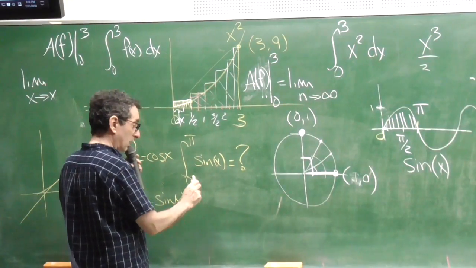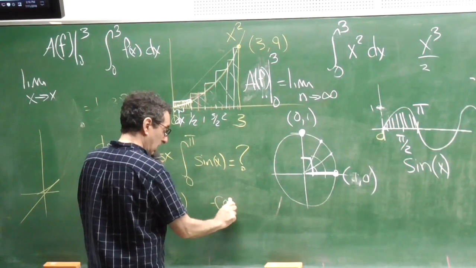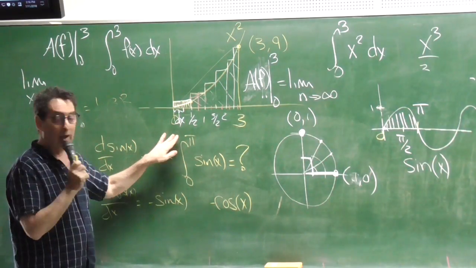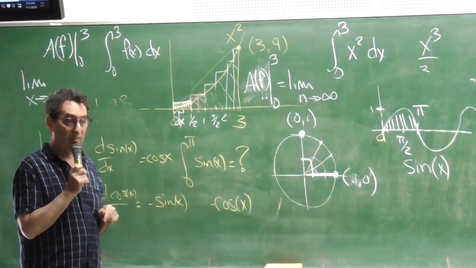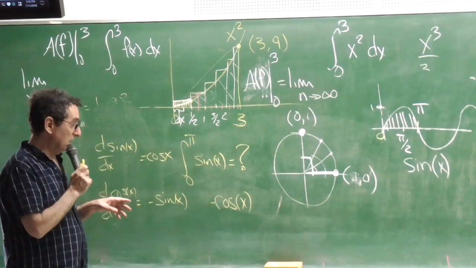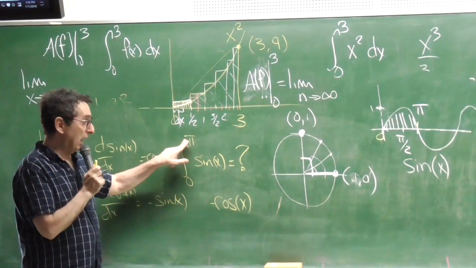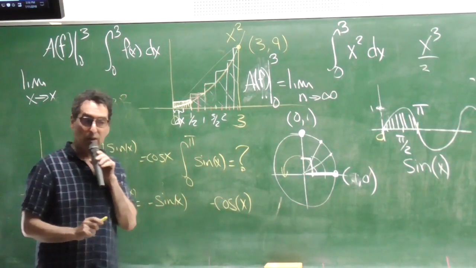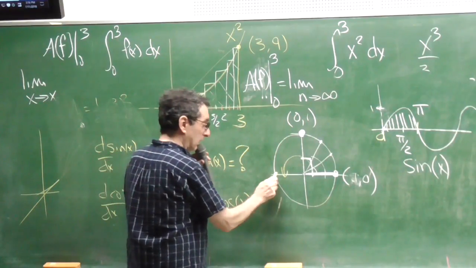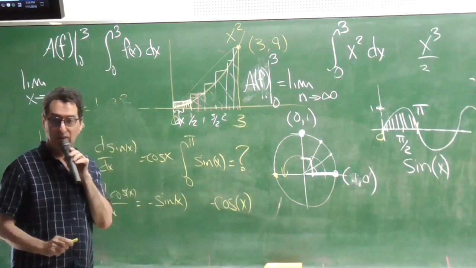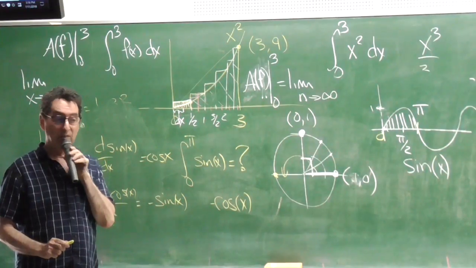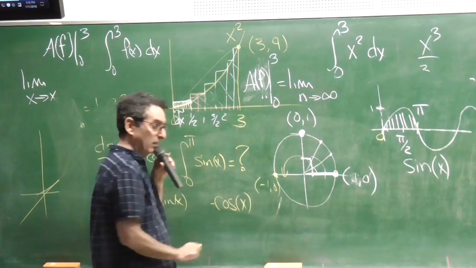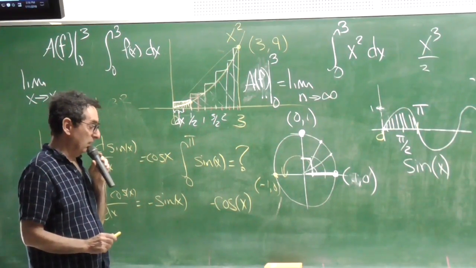So what do I have to do? I have to take minus cosine, put in pi, put in 0, and subtract them. So that's going to be easy. What's pi? Pi is all the way over here. What's the x-coordinate of this point? It's -1, this is -1, 0.